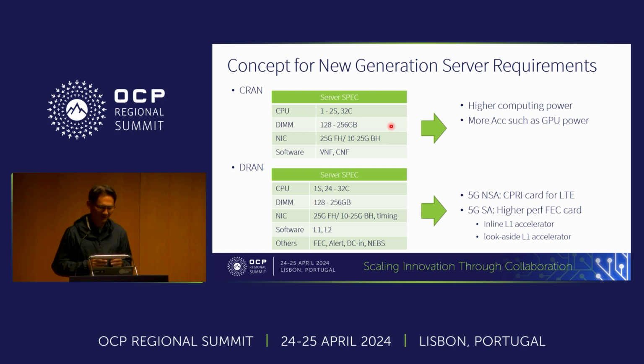If you talk about the DRAN, we are thinking about more things. We already made an effort to put the server at the 5G site, and we try to make it more functional. For example, some deployments are 5G non-standalone, so we will try to make the same server usable for both LTE and new radio.